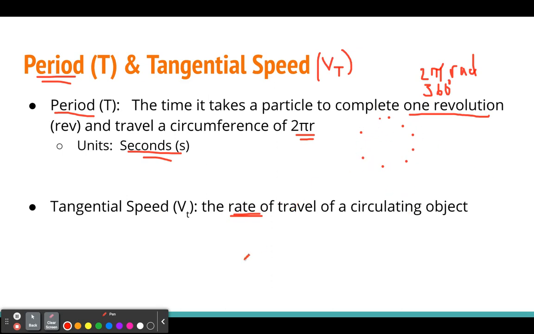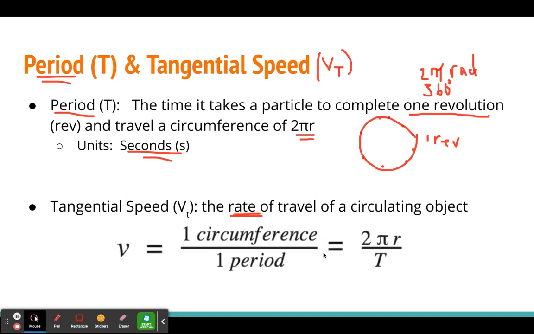So our tangential velocity is the circumference of the circle divided by the time it takes to complete that entire path one time, one revolution, which we call the period of rotation.